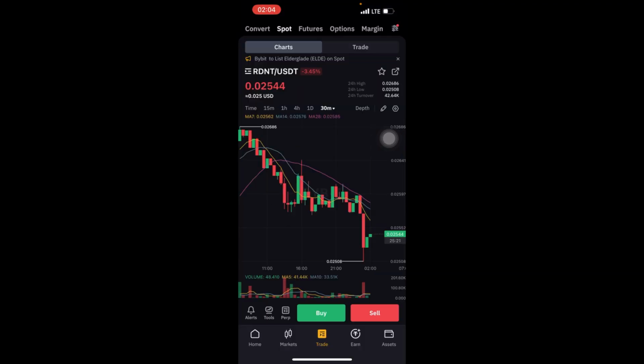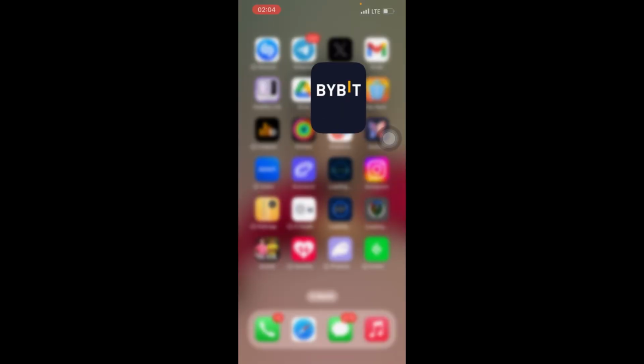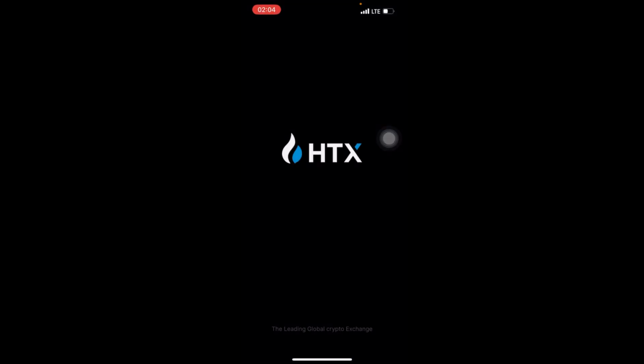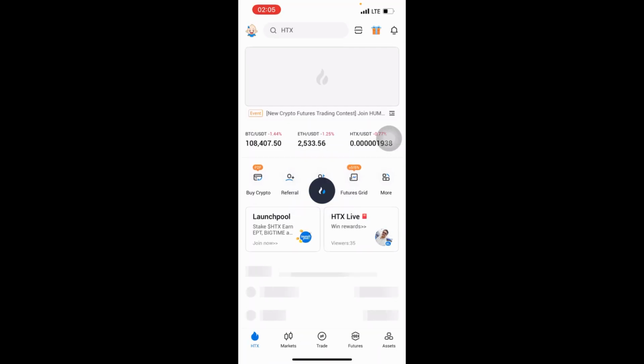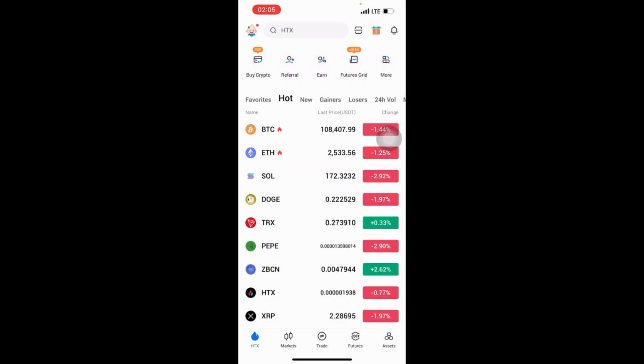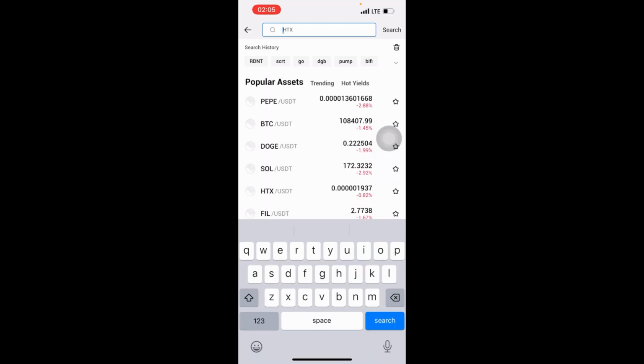RDNT. When I enter RDNT, right now over here, the price of RDNT is 0.02544. Then I will go straight and open my ATX. Over here on ATX, I'll search for RDNT, and I'll enter it.